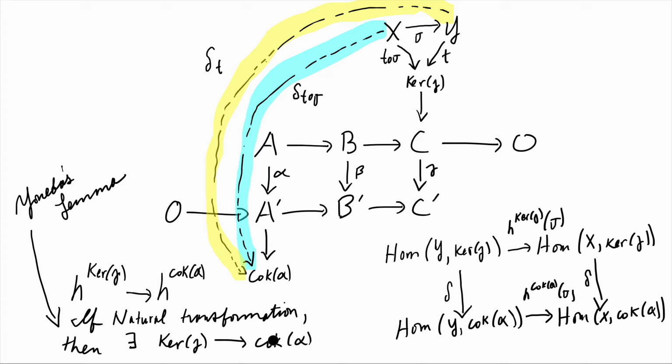But it also gives the morphism we've already found. Nonetheless, if you have a natural transformation, then by Yoneda's lemma this actually means that we have established a morphism from the kernel of gamma to the co-kernel of alpha, because by Yoneda's lemma, this set of natural transformations that we're looking at is simply H of the co-kernel of alpha with the kernel of gamma plugged in, which is just morphisms from the kernel of gamma to the co-kernel of alpha.